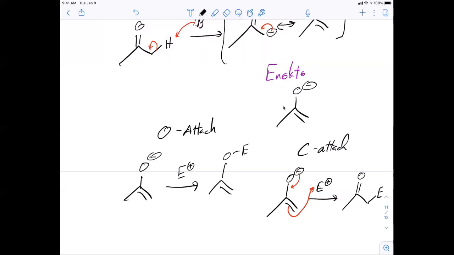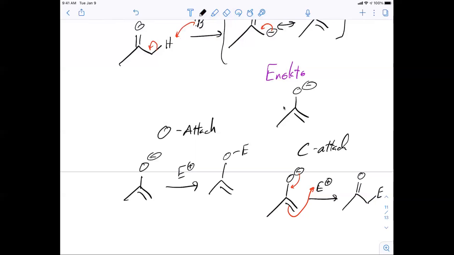So if we think about the molecular orbitals, what will a carbon's molecular orbital be more similar to? An oxygen or a carbon? Well, a carbon, right? So a carbon will have similar energy levels as a carbon. So we see those reactions. Oxygen attack does occur. You see oxygen attack when you have proton sources.